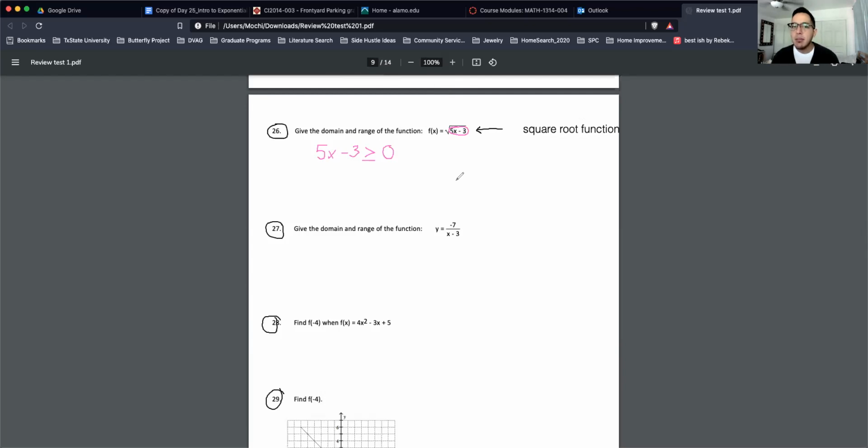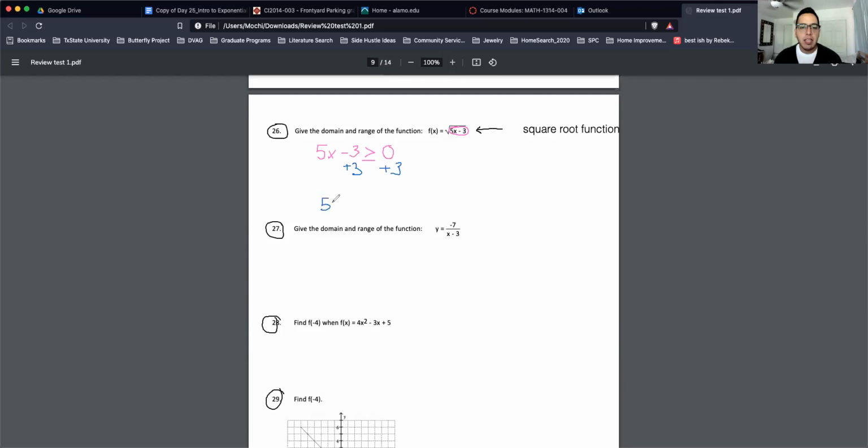If we have a negative number in the square root, then we would get an imaginary y value, and we don't want that. We want real numbers, not imaginary numbers. So we'll take the inside, the 5x minus 3, set it greater than or equal to 0, and then solve this inequality. We could add the 3 over to the other side.